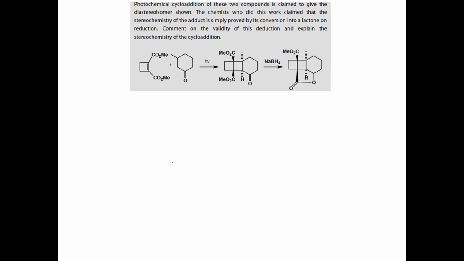Let's say that you need to do an extra step. In this case, for instance, you want to prove that the stereochemistry of this cycloaddition is the one on your middle product. In order to prove it, you reduce part of this molecule, and only if the stereochemistry of this product is the one shown can you prove it.